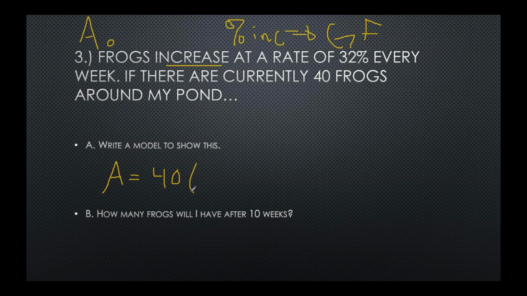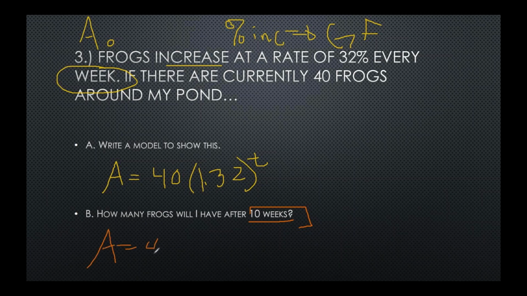All right, what's going to go inside my parentheses here? 1.32, very good. And then I have my time period. In this case, my time period is weeks. It's always important to highlight that, make sure you're aware. Then we get to part B: how many frogs will I have after 10 weeks? What do we do with that 10? We throw it into the variable for t.